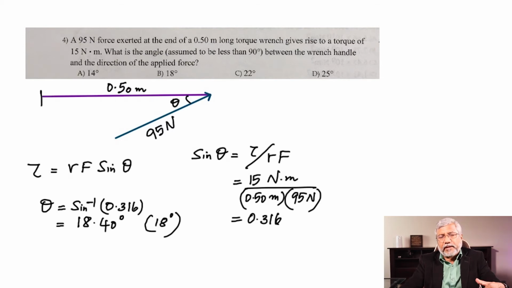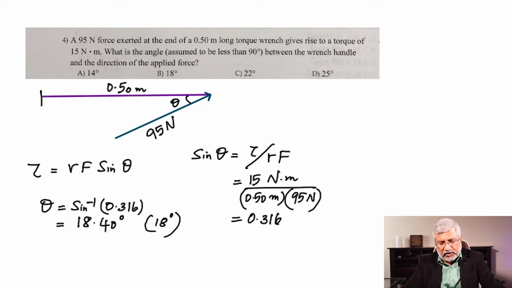So it's a simple application of the torque formula, from which you make sine theta the subject and then substitute the values. 15 Newton meter divided by the radius times the force. And when you do the calculations, you get that. Take the inverse of that and you get the angle. Can't have anything easier than this.